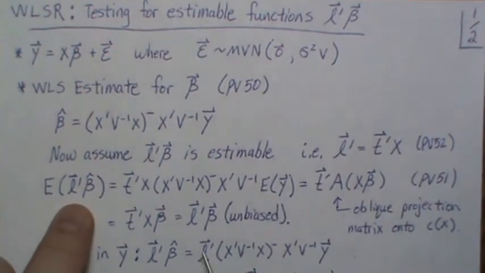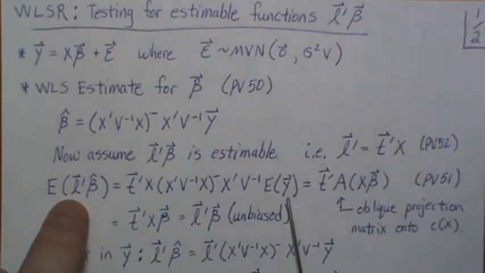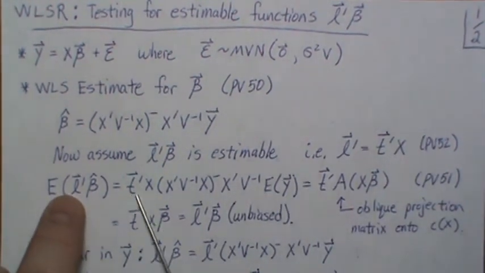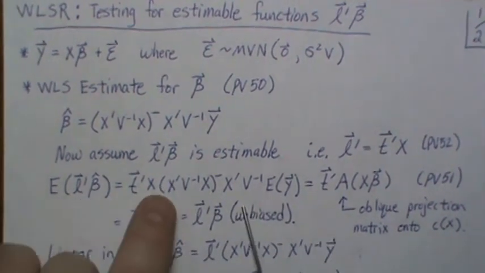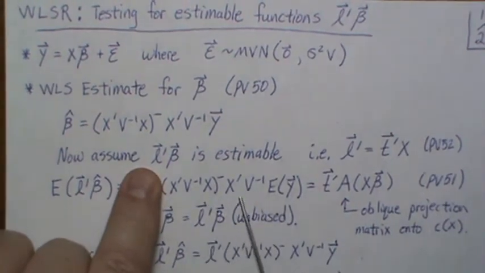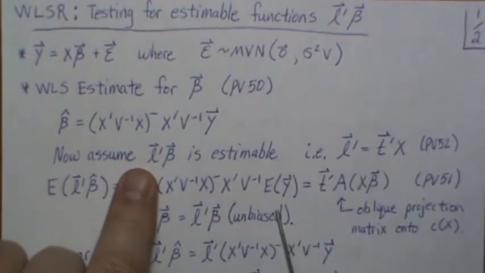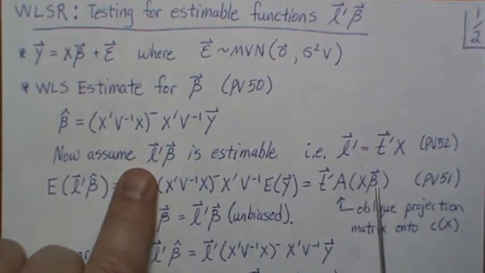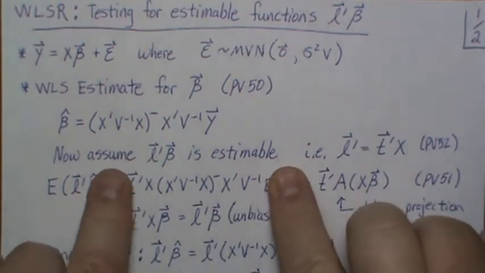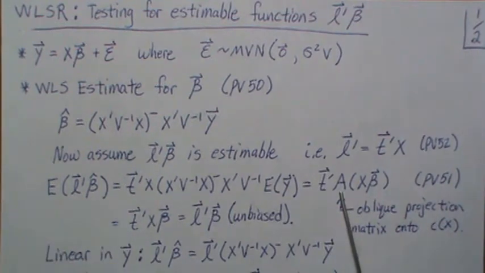So the expected value of this linear combination is this, okay? So L can be written as T prime X because it's estimable, and then beta hat is this, with Y, but we're taking expected value, so it goes into this. Now, the expected value of Y is X beta, and then this piece here is what we called A. And I would look at previous video 51 in the list.